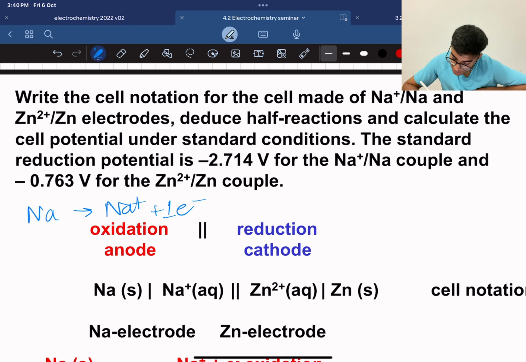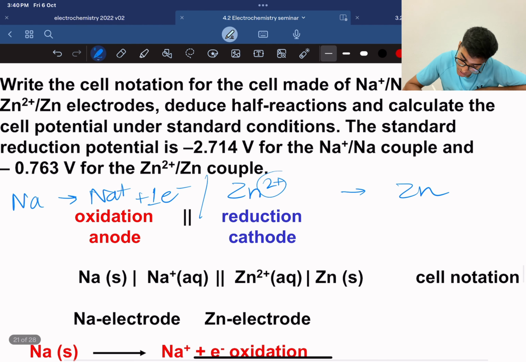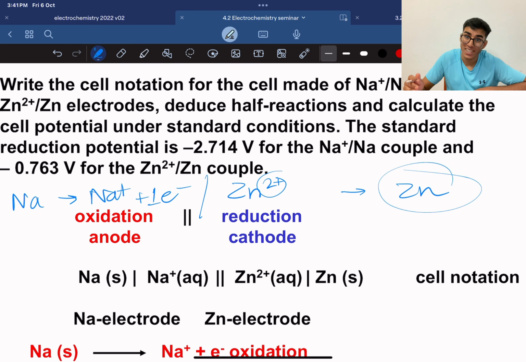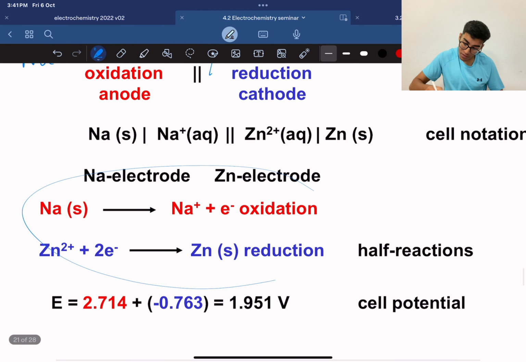And we have Zn2+. Write Zn2+, write an arrow, and write Zn. Over here we can see it's 2+. That means it has 2 less electrons than this side. I'm emphasizing this so hard because I understand it can be hard for some people. So just add those electrons to balance it out. 2e-. Khalas. See? I'm always right.